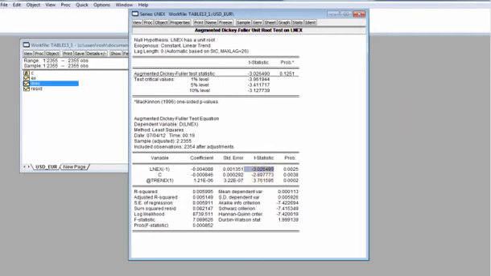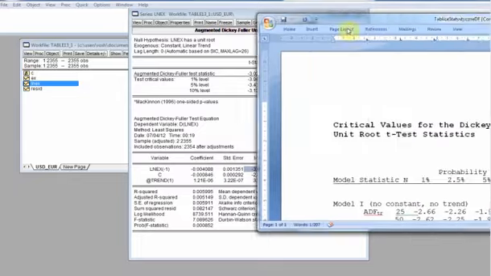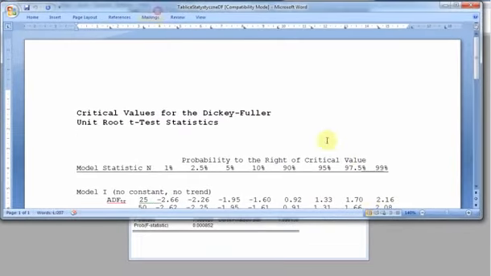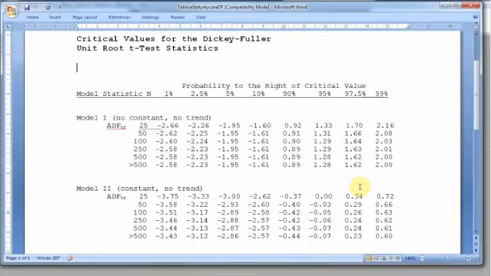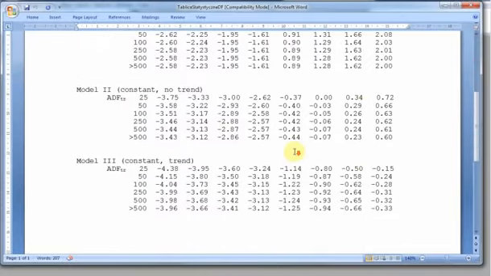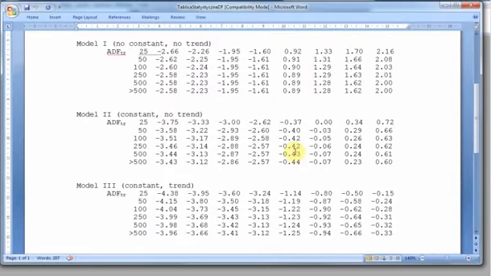Now I'll show you that one. Here is the table. You can actually download this from Google. That's what I did. These are the critical values for the augmented Dickey-Fuller test. Now we have included constant and trend, and we also have more than 500 observations. We have 2000 something observations.